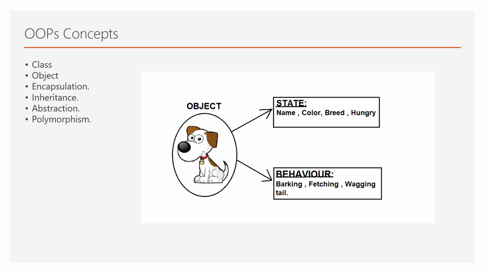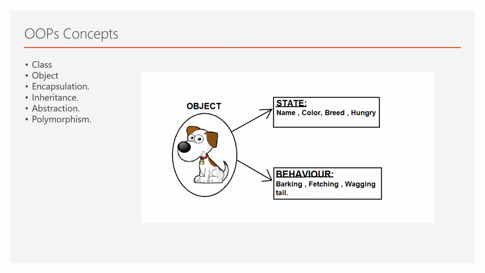The year of the car, manufacturing year, exactly. What else? Cost of the car, right? All these come to state. And behavior, like we discussed: driving, applying brakes, accelerating are some of the behaviors.